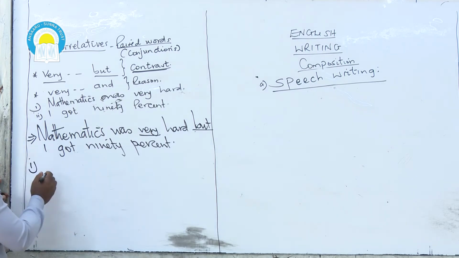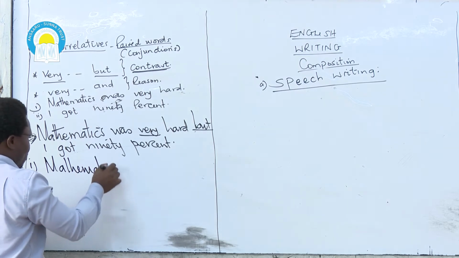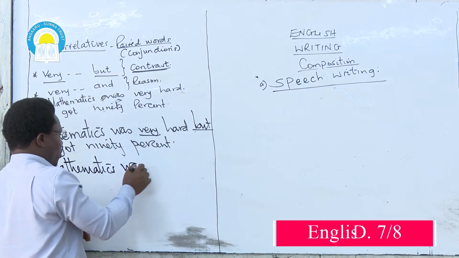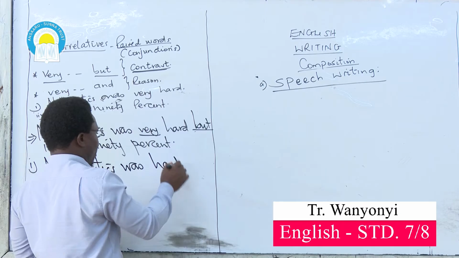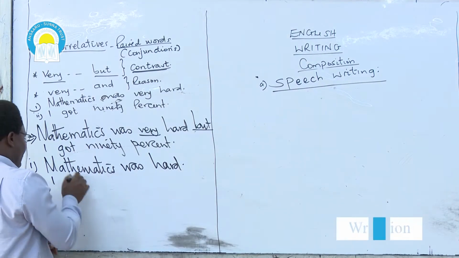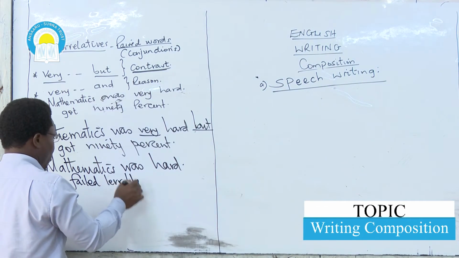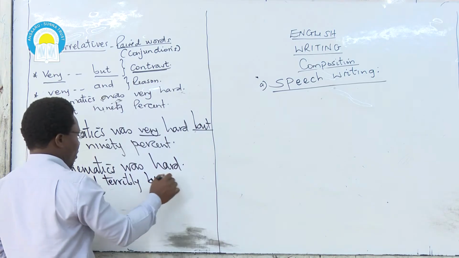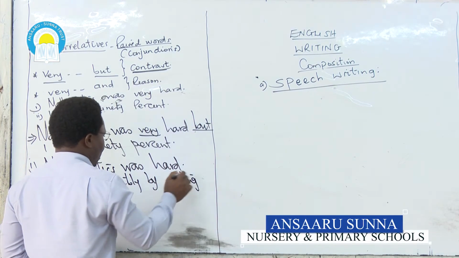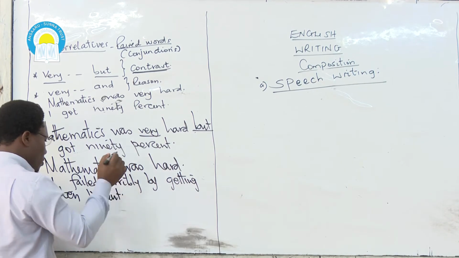Consider another sentence. Mathematics was hard. I failed terribly by getting 10%.